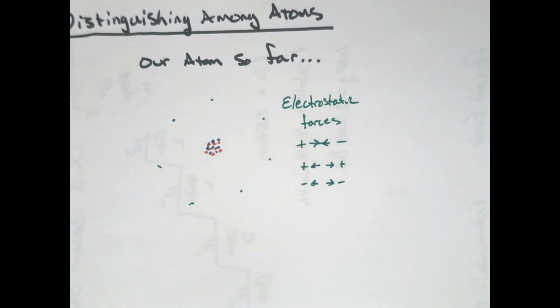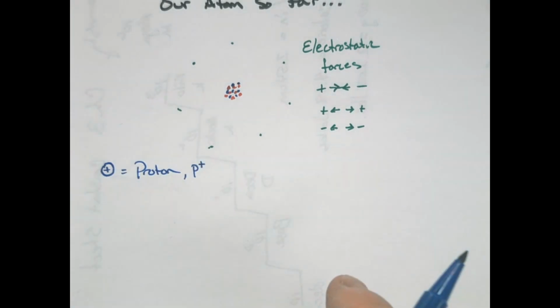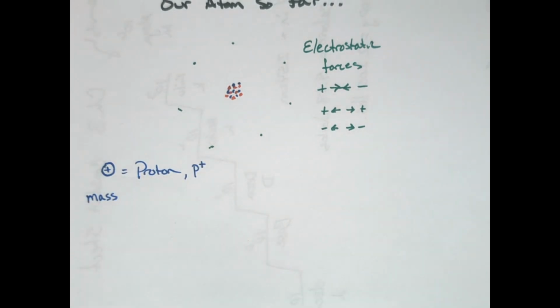But we've got 3 things in here that we need to define now. We have the proton, our blue proton. It has the symbol P+, or that's what we'll use here. It has a mass. If you recall from Rutherford's theory, all of the mass of the atom is now centered in the middle of it. That's what made it so dense. That's what the alpha particle was hitting and bouncing off of.